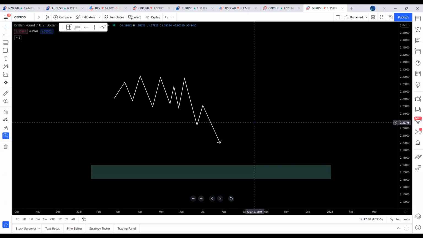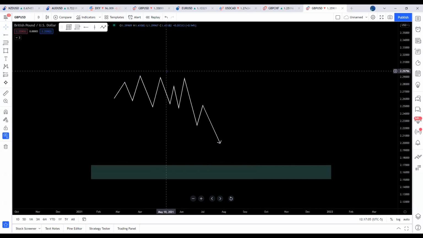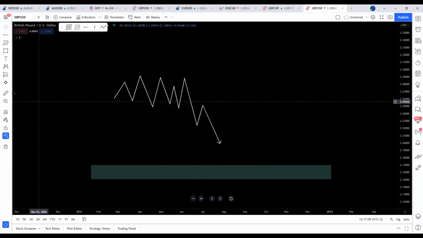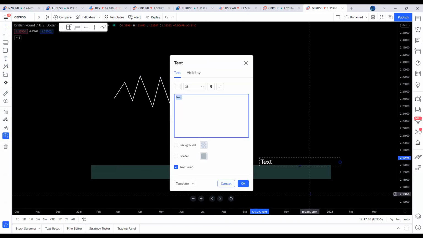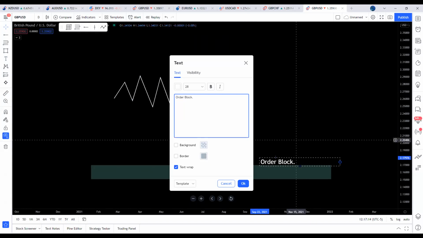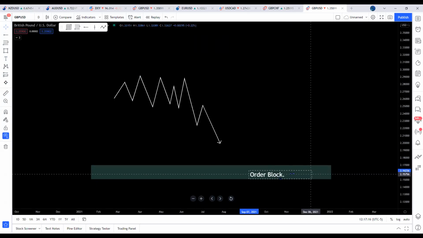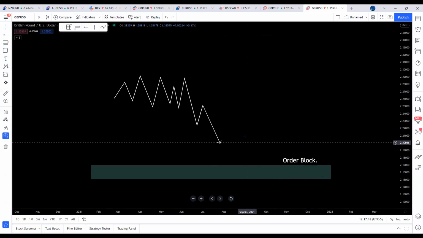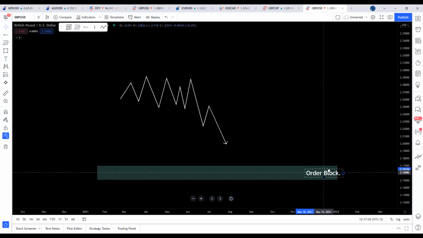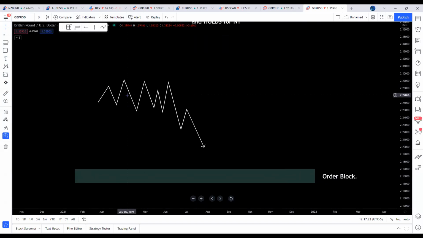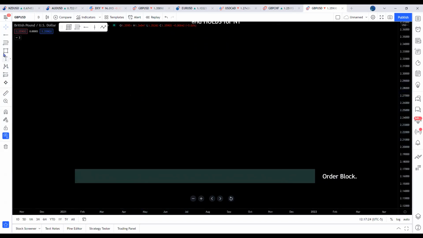Not yet. Okay, so this here is your order block, and let's say you found it on a higher time frame. So this is your higher time frame, and you have some sort of consolidation. You said there was consolidation there, yeah?